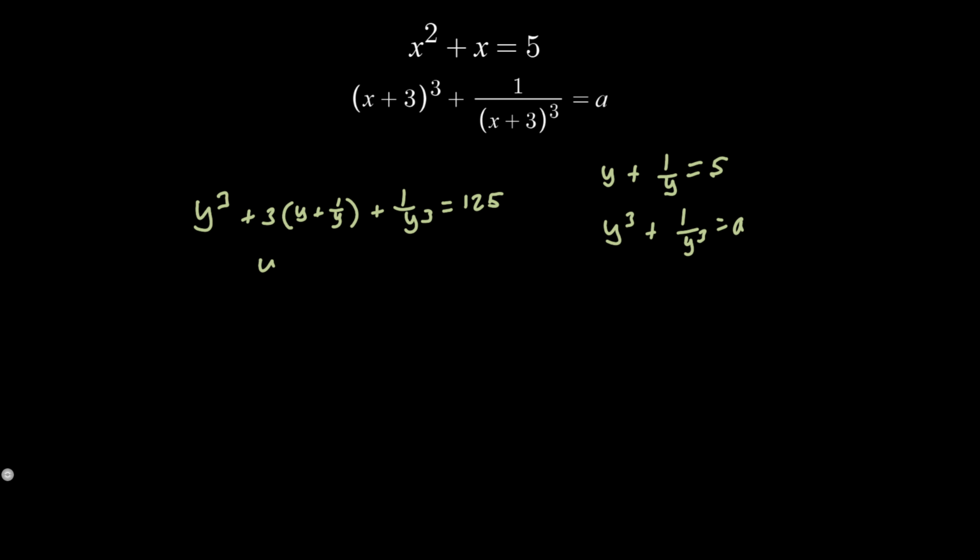So we say y cubed plus 1 over y cubed plus 15 is equal to 125. Subtracting 15 from both sides, we get y cubed plus 1 over y cubed is equal to 110. And we know that y cubed plus 1 over y cubed is equal to a, so a is equal to 110.